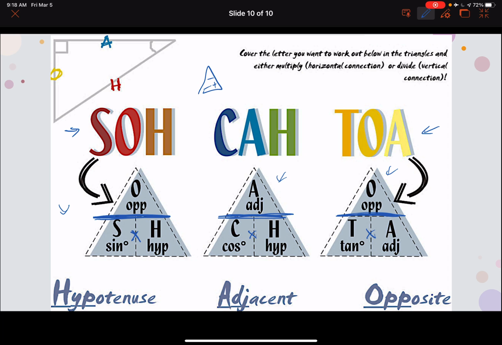You're multiplying. So this is sine is opposite over hypotenuse. Cosine is adjacent over hypotenuse. And tangent is opposite over my adjacent. So it's just a matter of what you've been given, and you can use these triangles. Some people like them. I haven't seen many that do, but it's there for you if you'd like it.